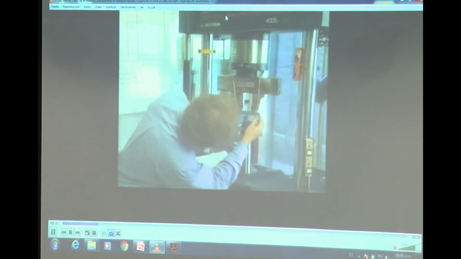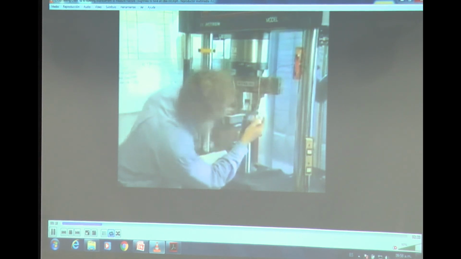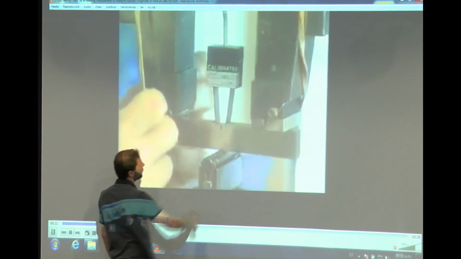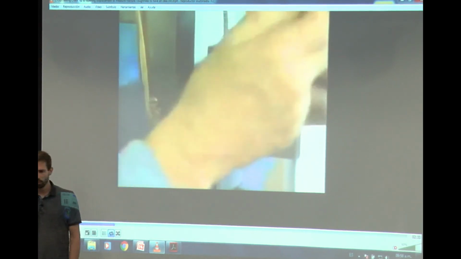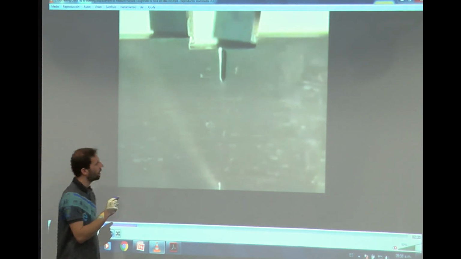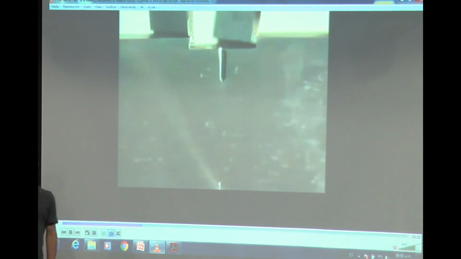Instron is the supplier of the testing machines, and he has here the specimen. He is applying there the clip-on gauge, which is just measuring the opening of the specimen, and due to this he can recalculate the information on the crack tip.